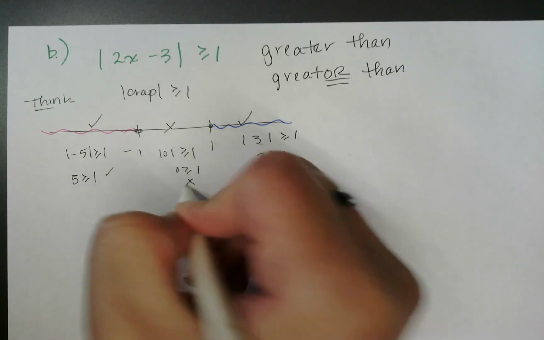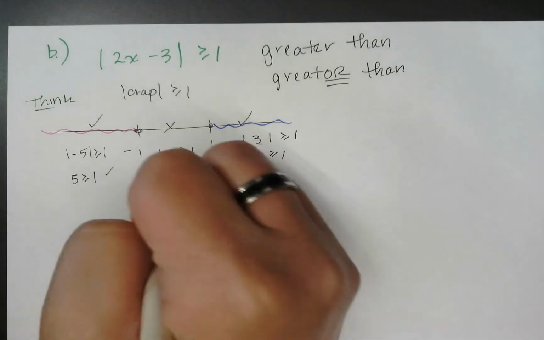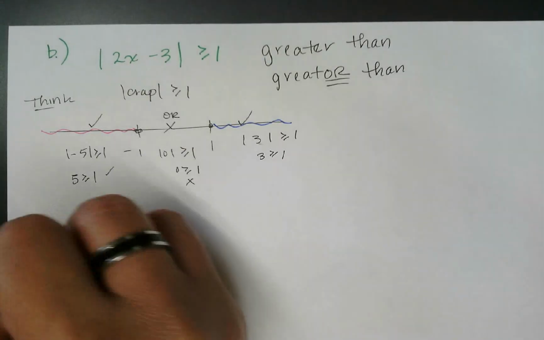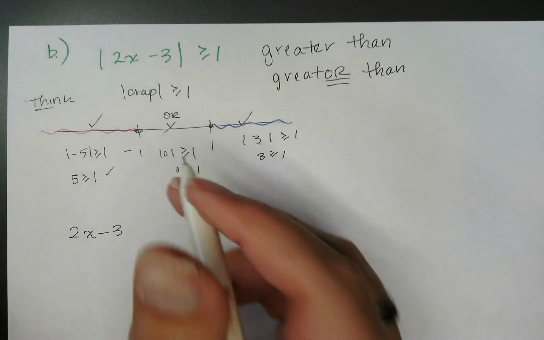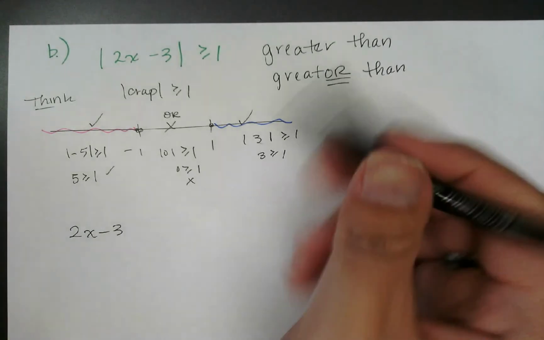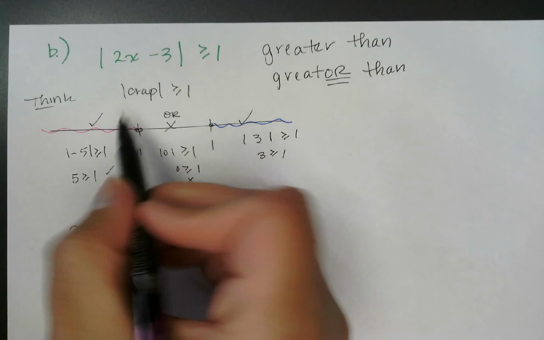So we have our setup. 2x minus 3 is, if you look at this pink one, that is less than or equal to negative 1. That shade is less than or equal to.